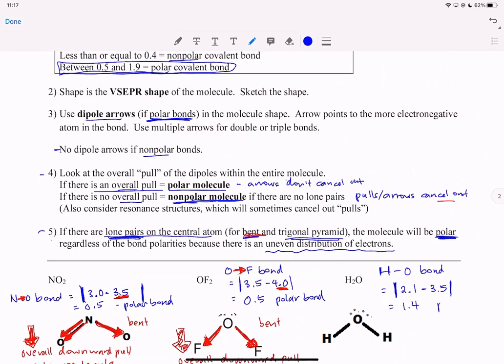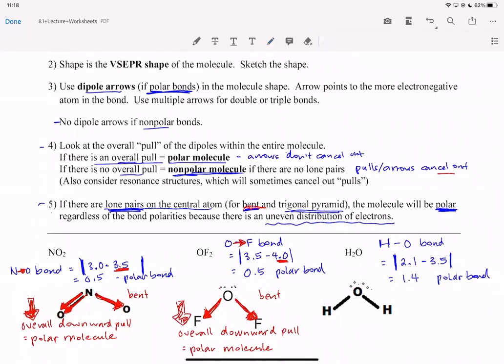So this is in the polar bond range, which is between 0.5 and 1.9. And so that means you can turn those bonds into dipole arrows. Pointing to the more electronegative atom means pointing towards the oxygen because it was 3.5. So it would be hydrogen pointing to oxygen.